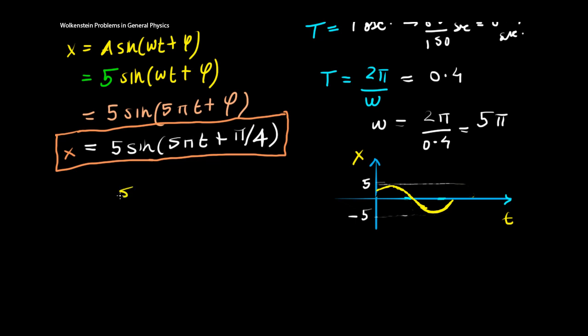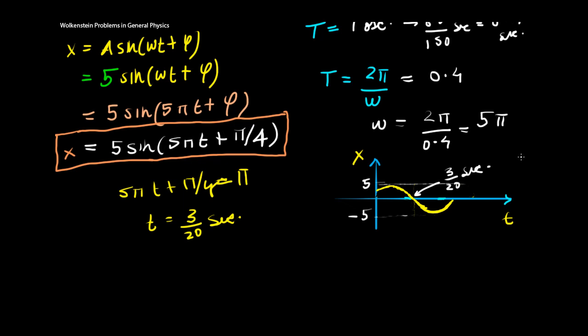So if I put 5 pi t plus pi by 4 equal to pi, then I get that t is, let's see, this becomes 3 pi by 4, so that is 3 over 20. So at 3 over 20 seconds, this becomes 0. Okay, so that time right there I'll just mark with an arrow. That is 3 over 20 seconds.